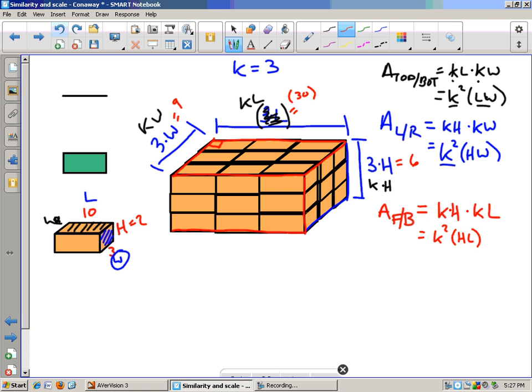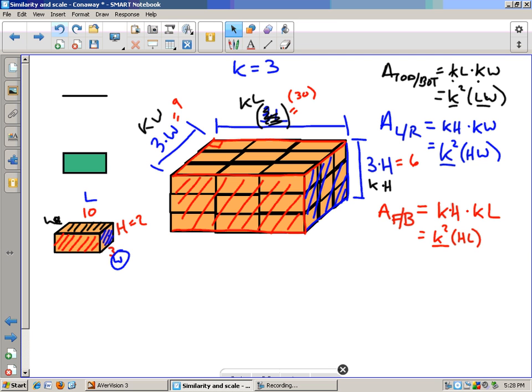So the original HL that would have given us this face of the shape is now multiplied by K squared to get this face of the new similar shape. And the blue one we marked is multiplied by K squared to get this face, and the black one is multiplied by K squared to get this face.